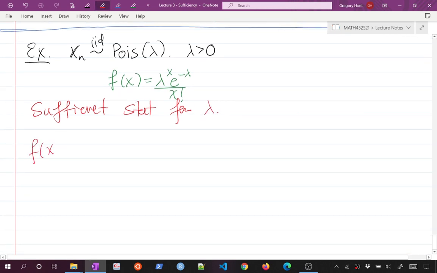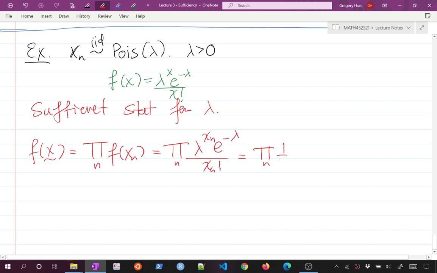I'll speed up a little bit here. The joint distribution is the product over the xn's of the marginals, which is the product of lambda to the xn e to the negative lambda over xn factorial.